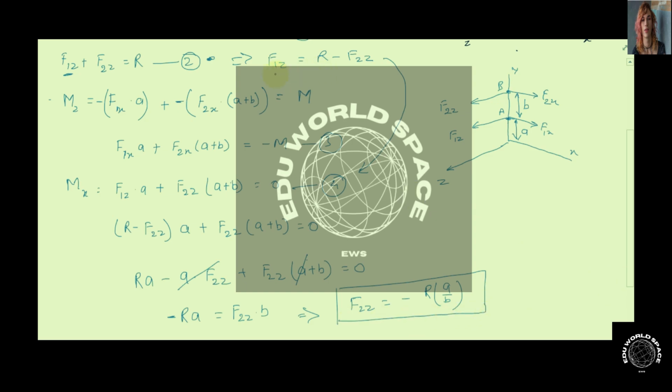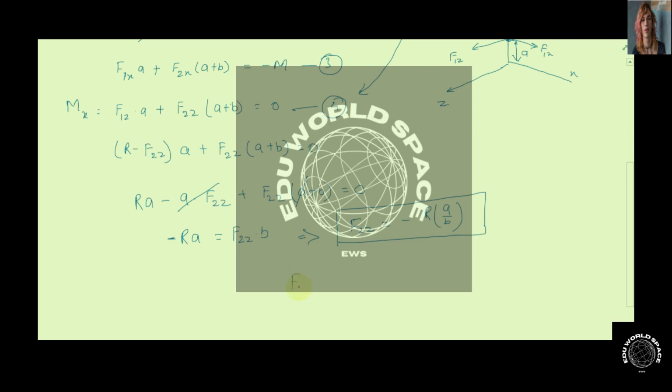So now we can use this expression and put the value of F2z, so we can get the value of F1z. So F1z will be R minus F2z, that is equal to R minus, and the minus sign was already there, so it will be plus R a upon b. So if we take R common, this becomes R times (1 plus a upon b).